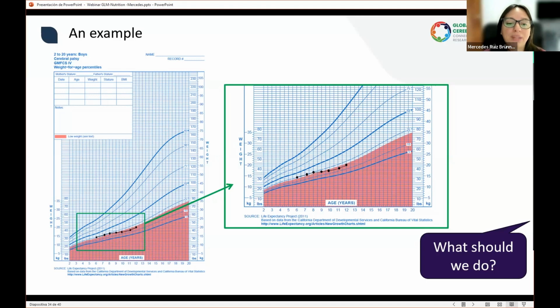Maybe adding some enteral nutrition support, or changing the oral feeding to another feeding form like tube feeding. We should see in each case, but we should know that something in the nutrition of these children is not going well, and we should be doing something for them to have a higher weight.